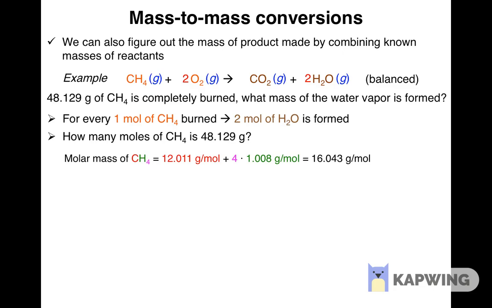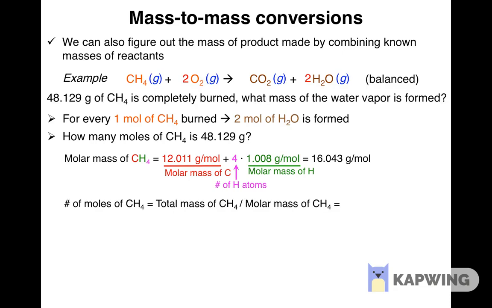A methane molecule is made of 1 carbon atom and 4 hydrogen atoms, so the molar mass of methane is the molar mass of carbon, 12.011 grams per mole, plus 4 times the molar mass of hydrogen, 1.008 grams per mole, and that comes to 16.043 grams per mole.